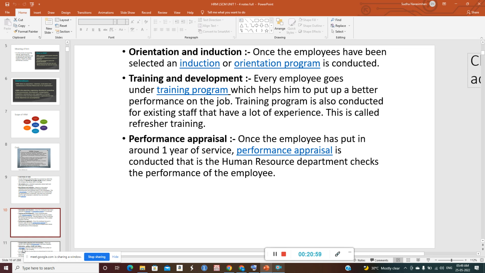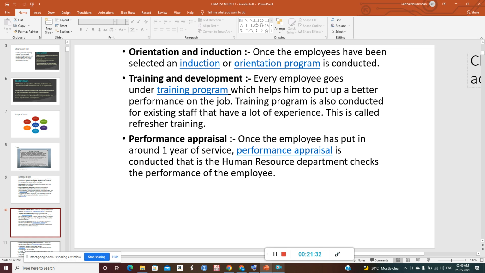It gives a better performance on the jobs. Training programs are also conducted for the existing staff to see that they have gained a lot of experience out of training. When you give training to the newly selected personnel, it is called refresher training. We'll be looking into the types of training when you study this topic.